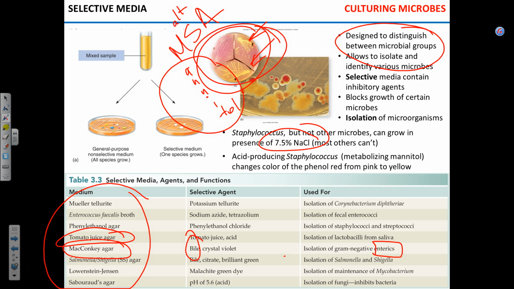So you can isolate. Sabouraud agar. We're going to use this next week. Sabouraud agar allows you to isolate fungi. It inhibits bacterial growth.